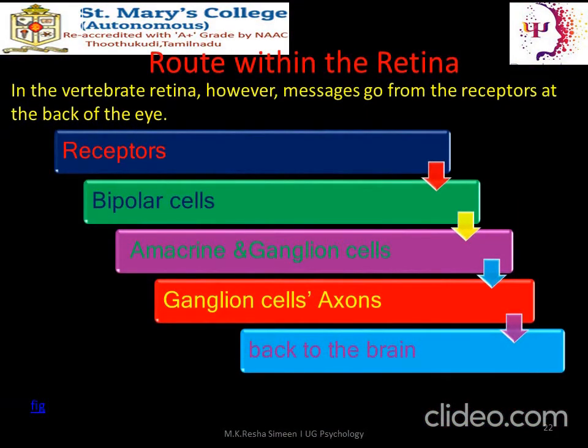Route within the retina. In the vertebrate retina, messages go from the receptors at the back of the eye to the bipolar cells located closer to the center of the eye. The bipolar cells send a message to ganglion cells located still closer to the center of the eye. The ganglion cells' axons join together and travel back to the brain.